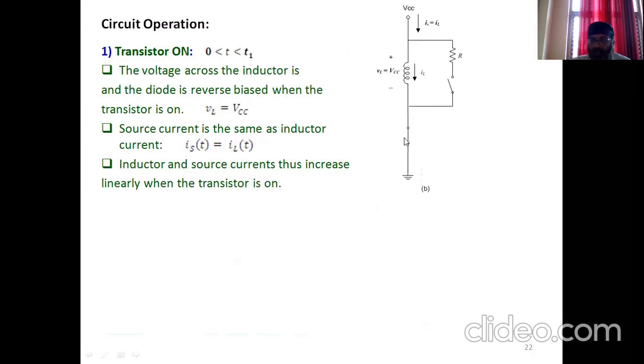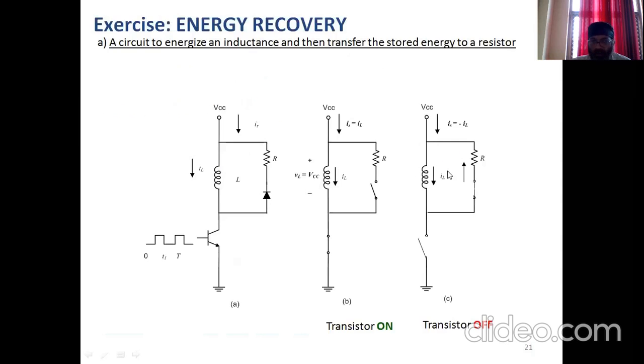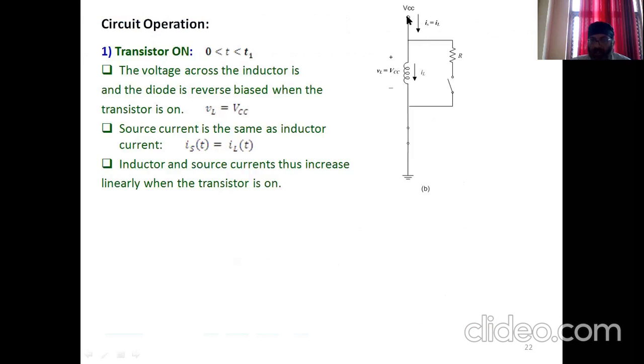Because when the transistor is on, the current starts to flow like this. I will show it from here. When the transistor is on, the current flows like this because the circuit is completed now.